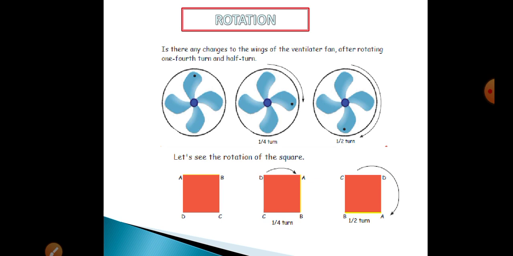Let's see the rotation of the square. While taking the rotation of the square 1/4 turn and half turn, we can notice the changes where the vertices are moved in the clockwise direction.